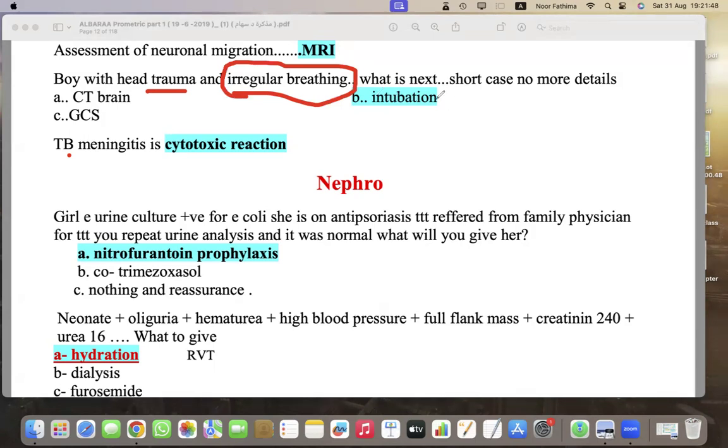What is the next step? The first step is intubation, stabilize the patient, and then go ahead with CT brain or MRI. So for a boy with head trauma and irregular breathing, our first preference will be stabilization of the patient, so we will select intubation.